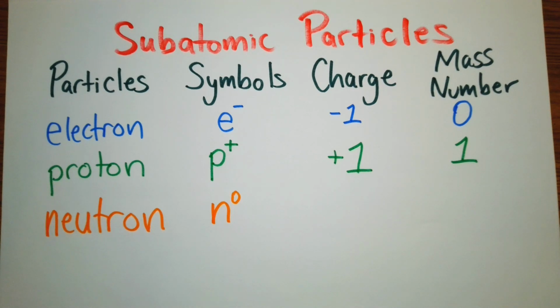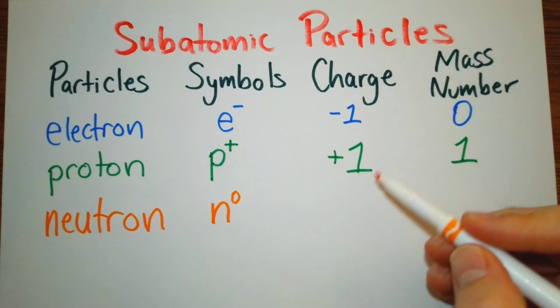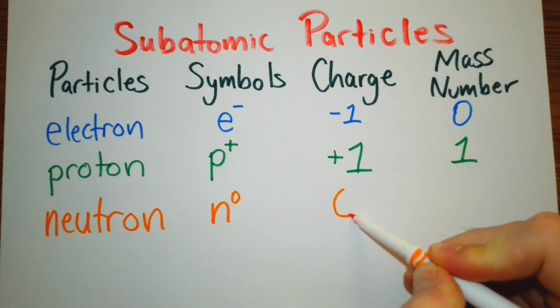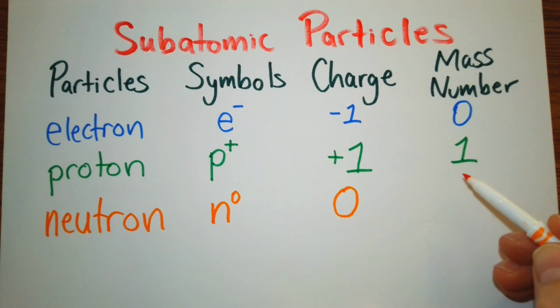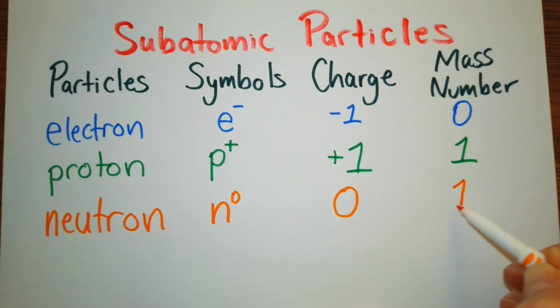And so a neutron is not a charged particle, so we would say it has no charge, or we put a 0 for the relative electric charge. It does have mass, so it's going to have a mass number of 1, a mass for all intents and purposes equal to the proton.